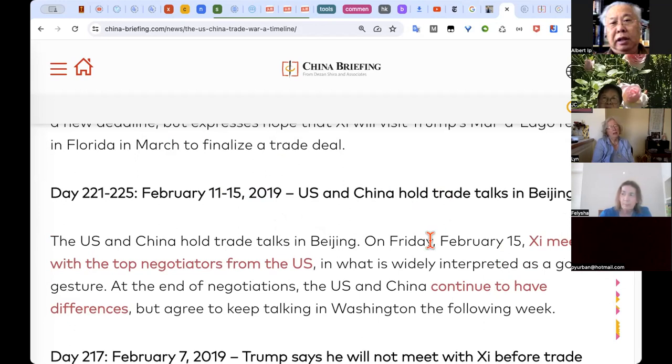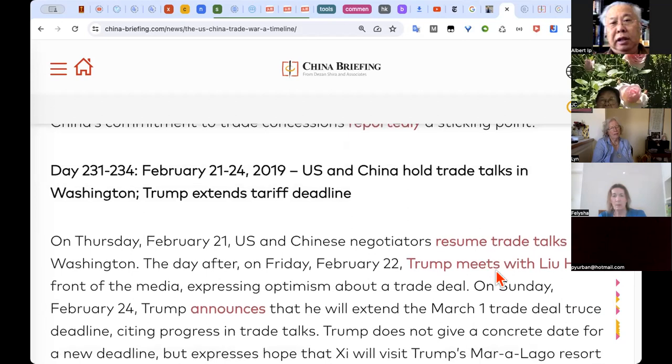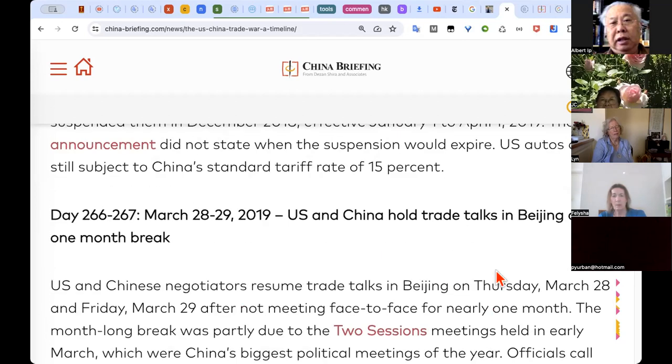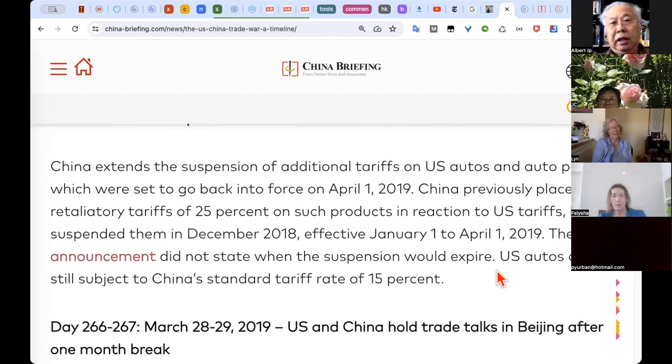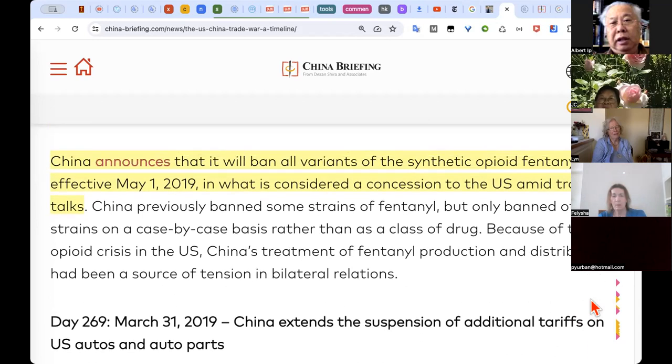Last few months of Trump's presidency. And no, not yet. Biden resumed in 2021. Oh, no, it's still the middle of Trump's presidency. Okay, trade talks after a 1 month break, and then they temporarily suspend the additional tariffs.